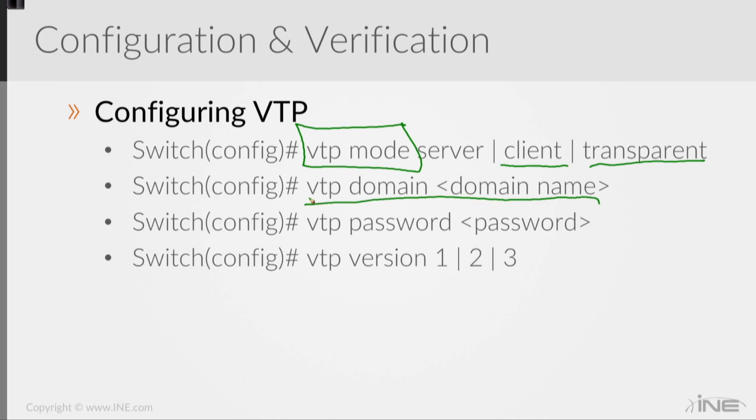Make sure it's the same on all the switches and it is case sensitive. Step number three, if you want to, it's just optional, VTP password and then whatever your password is. And then technically, make sure you've got a trunk; you have to have your VLAN trunks in place. And then you're done. You don't have to set the VTP version. That is just optional.